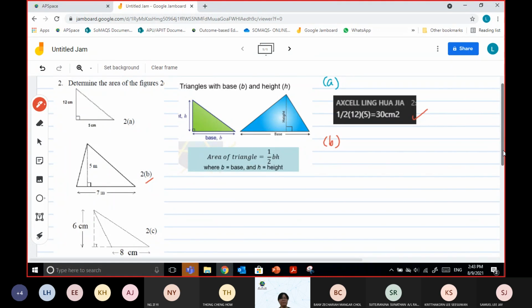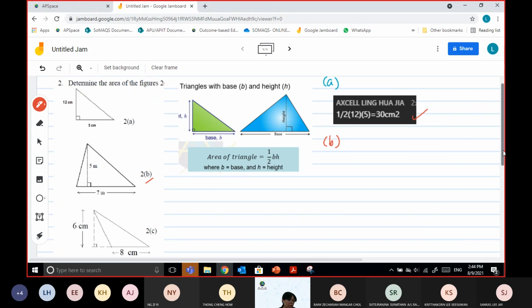Can I have any student give me the answer for 2C? I'm open to any student. So Sutesh, you are saying for question C, yes, correct, 24.